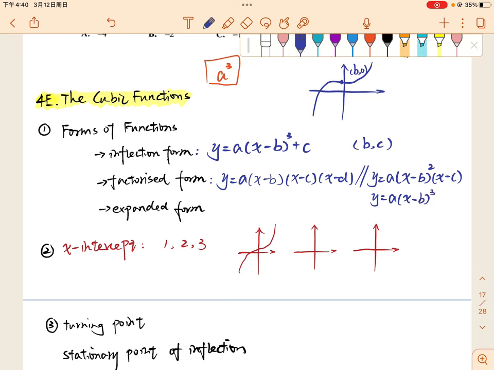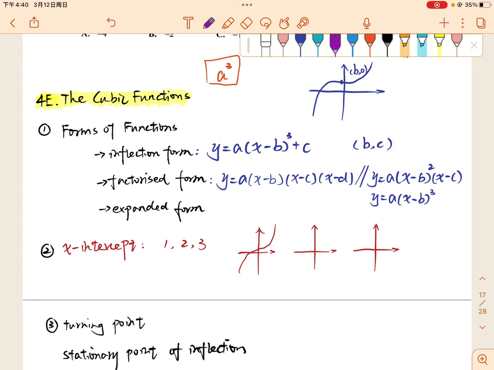They are all factorized into only brackets now. You don't have any other random constant number following it. So that's our second form, the factorized form.